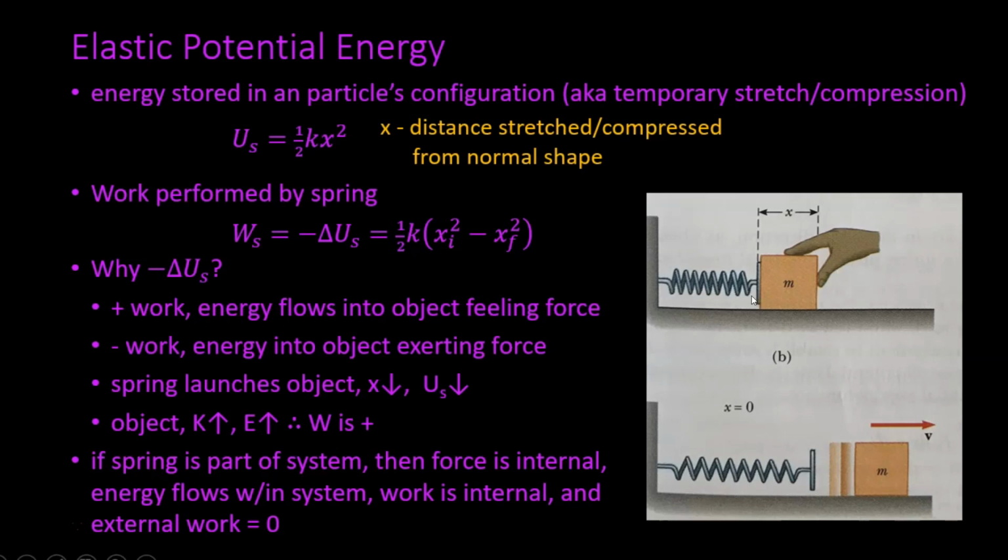However, if you make the spring part of the surroundings, then we have to keep in mind the block can have no potential elastic energy, because that goes with the spring. So if you want your system to have elastic potential energy when you're solving this problem, you need to make the spring part of it. If the spring's not part of the system, then the energy it imparts to the block will flow through an external force and be external work.